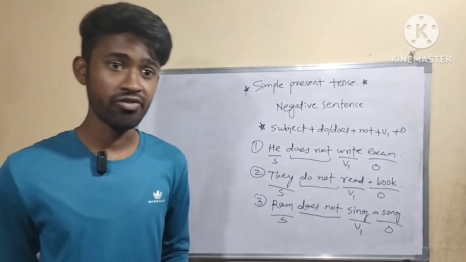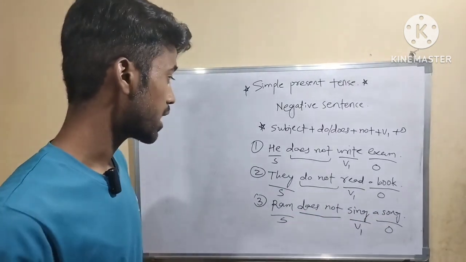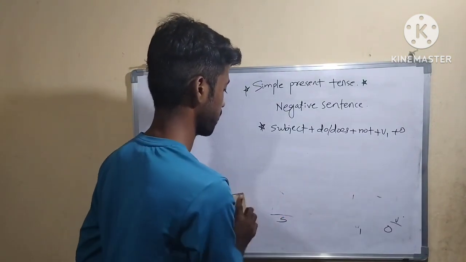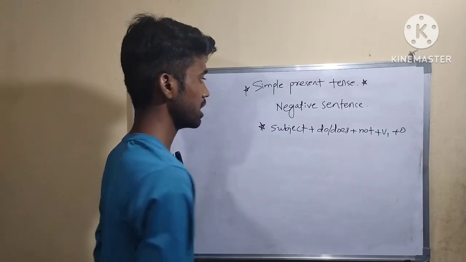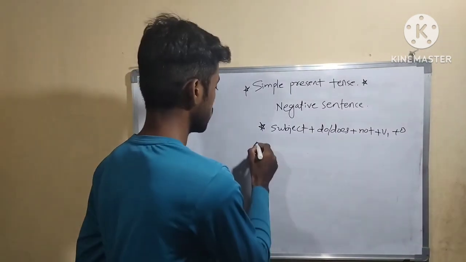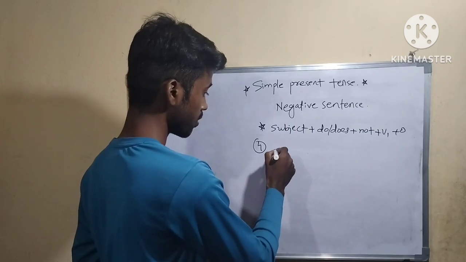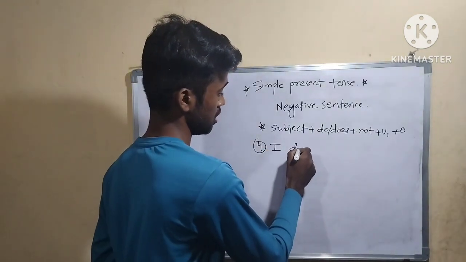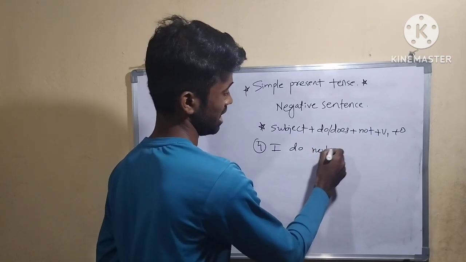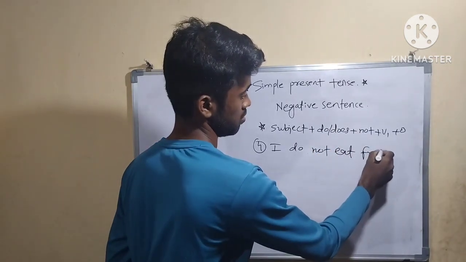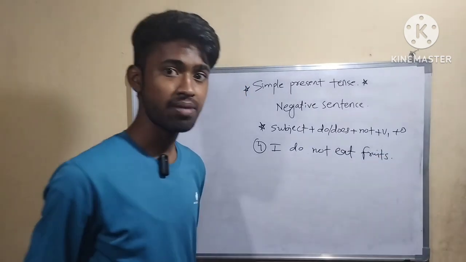Okay, let's see a few more examples so you can get a better understanding. For each type we are taking five examples, right? So this is the fourth one. I do not eat fruits.